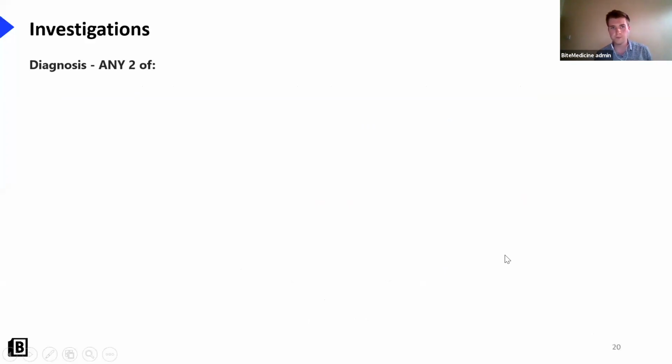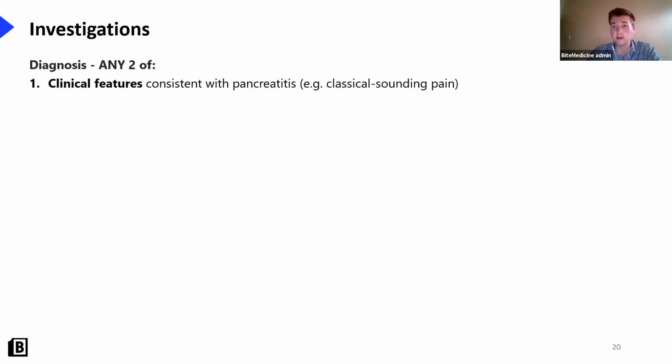So to diagnose pancreatitis, official guidelines state that you must have any two of the following three criteria. The first one is clinical features consistent with pancreatitis. So just a clinical picture: if they've got epigastric pain, if they're nauseous, vomiting, tachycardic, they've got one of the three criteria already.